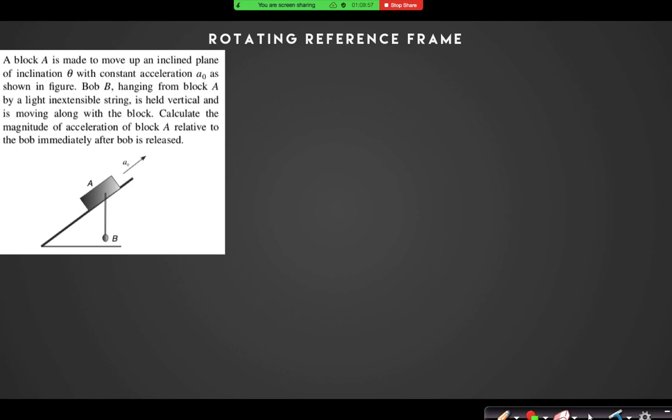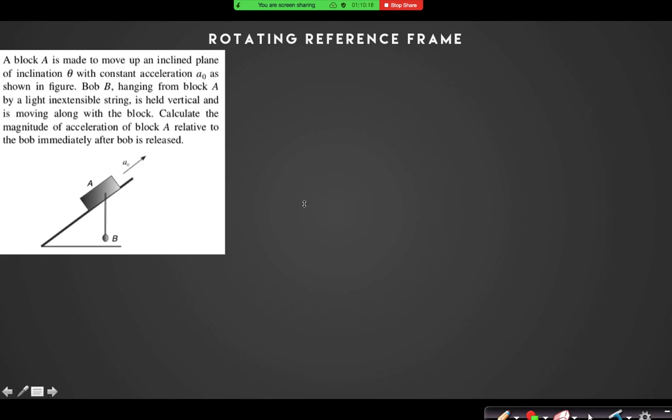Alright. So can I say that the magnitude of acceleration of A with respect to B is the same as the magnitude of acceleration of B with respect to A? Yes or no? Yes. The acceleration will have the same magnitude, only the directions will be different.